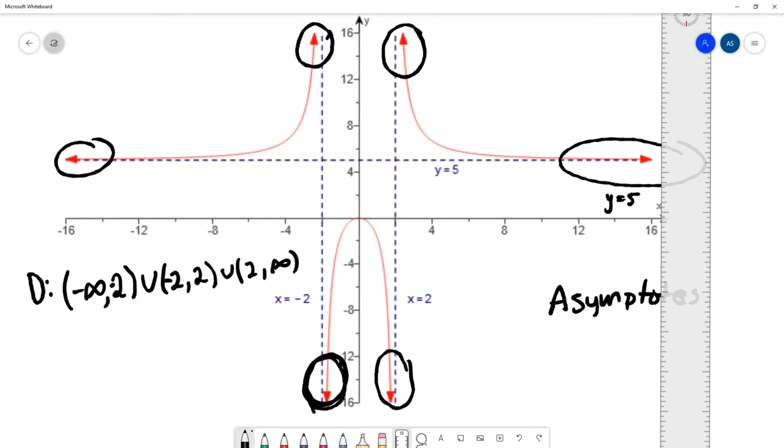So we get that our domain is from negative infinity to -2, -2 to 2, and 2 to infinity. So just to think of that in another way, here's your x-axis.